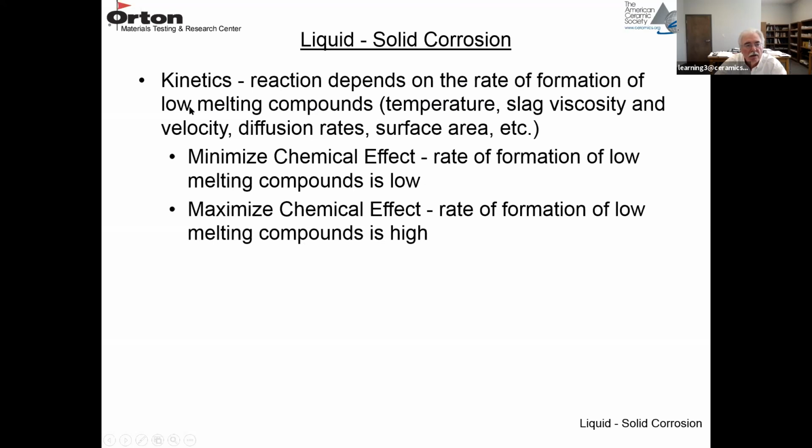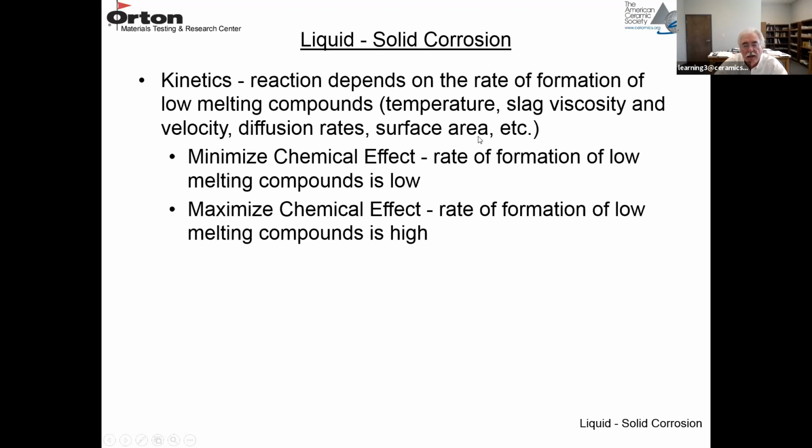And the rate of formation of a low melting compound is going to depend on the temperature, the slag viscosity, the slag velocity over the hot phase, diffusion rates of species into the refractory, and the surface area of the refractory. High surface area gives rise to higher corrosion rates.